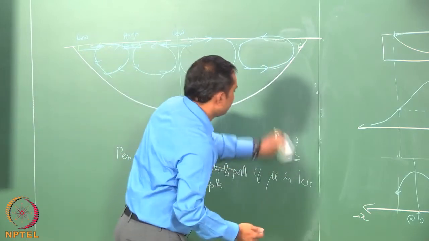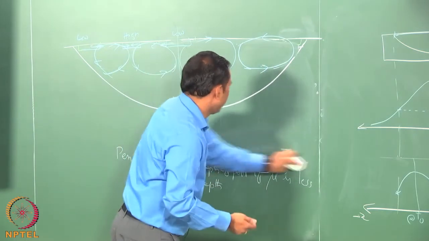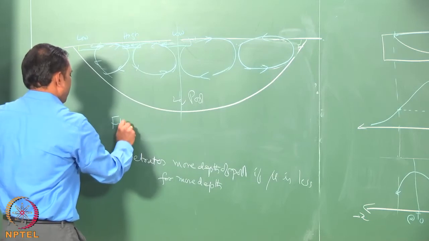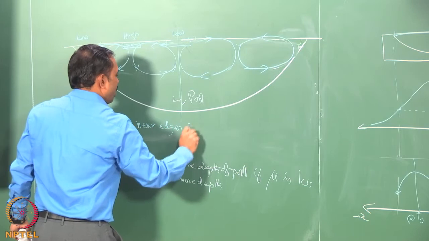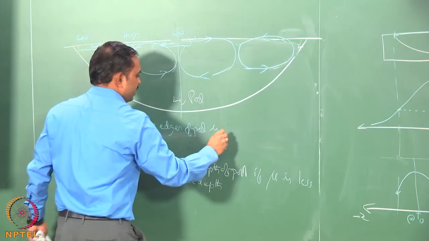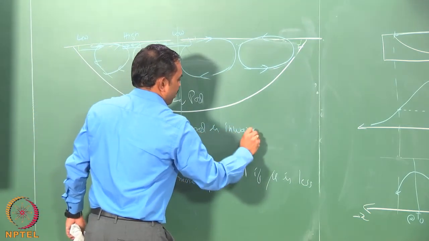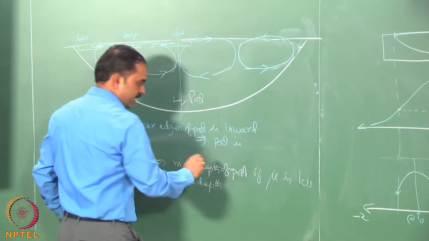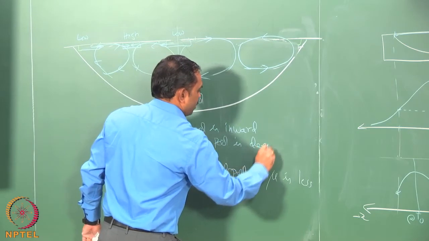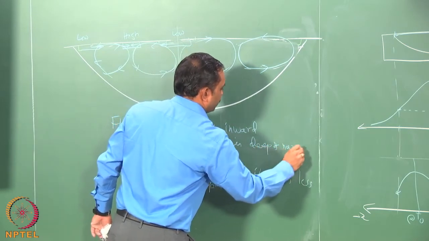So, the flow near the edges of the pool is inward, which implies that the pool is deep and narrow.